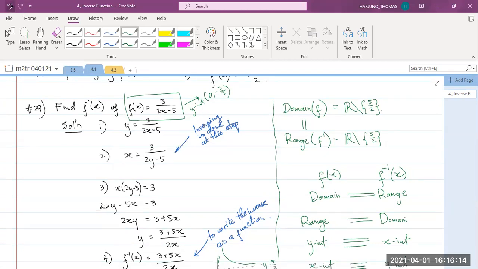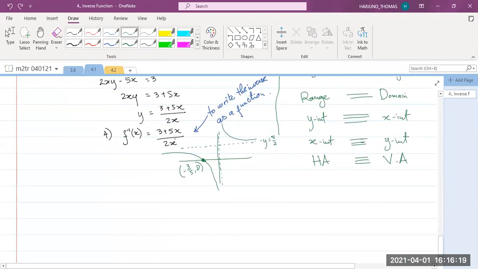When you do the inverse, it becomes the vertical asymptote, x equals 0. And vertical asymptotes in the original function become horizontal asymptotes. Once you switch the x and y, the domain becomes range, range becomes domain, x-intercept becomes y-intercept, y-intercept becomes x-intercept, horizontal asymptote becomes vertical asymptote, and vertical becomes horizontal.